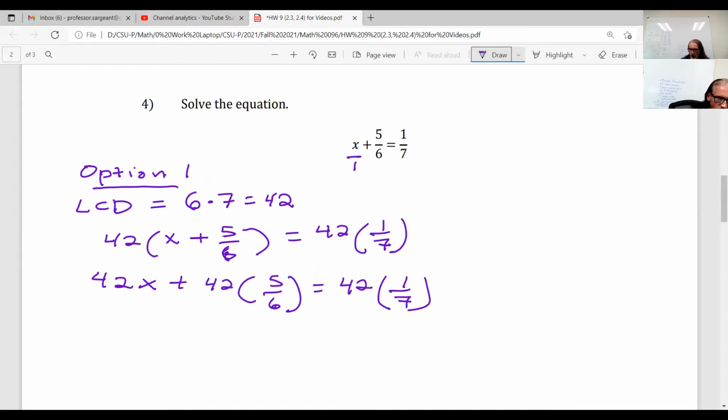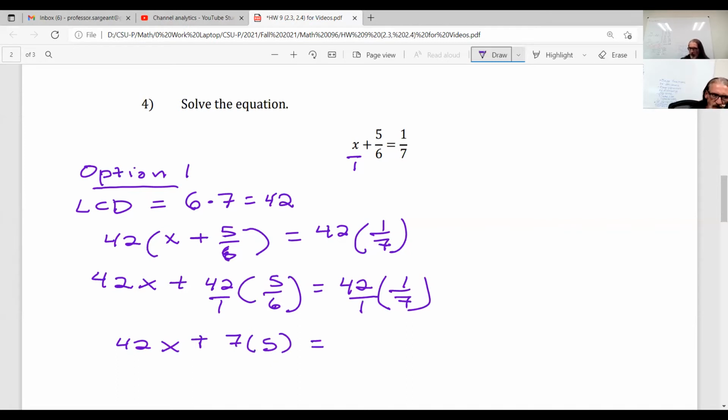Technically, the 42 is over a 1. So remember, the goal in this approach is to get rid of fractions. 6 goes into itself once and into 42 7 times. Now both of my denominators will be 1 and no longer need to be written.